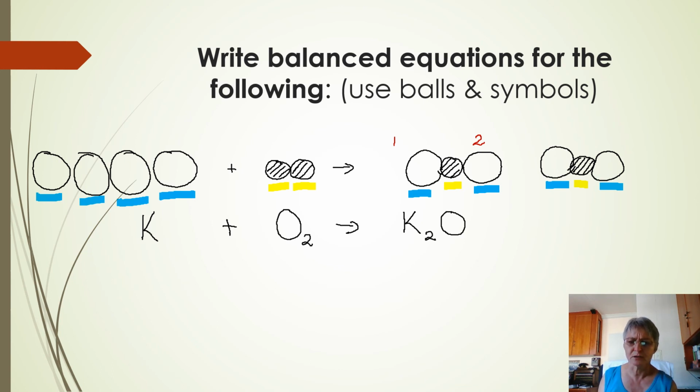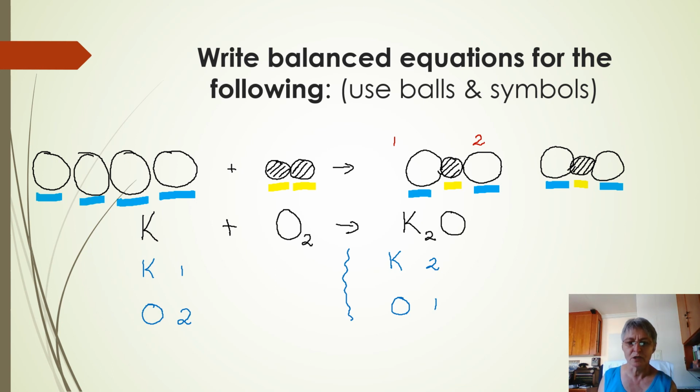If you want to take the slow route first, draw a squiggly line below the arrow, write down the symbol for each of the elements in the reaction on both sides of the squiggly line. Then write down the number of atoms you have of each element. So we've got 1 potassium and 2 oxygen atoms on the left-hand side, and you've got 2 potassiums and 1 oxygen on the right-hand side.